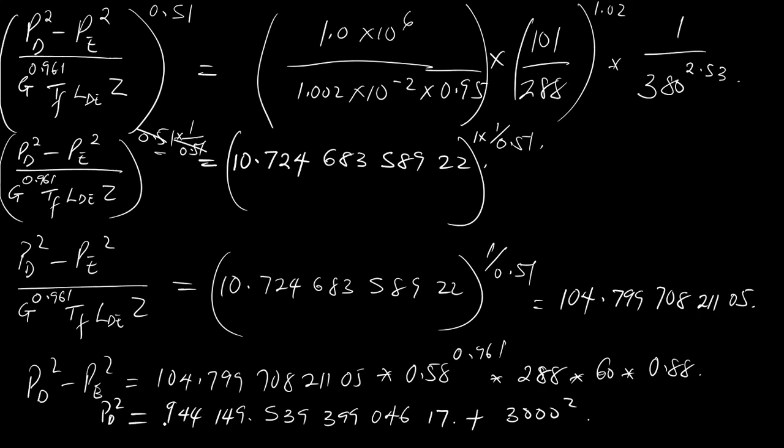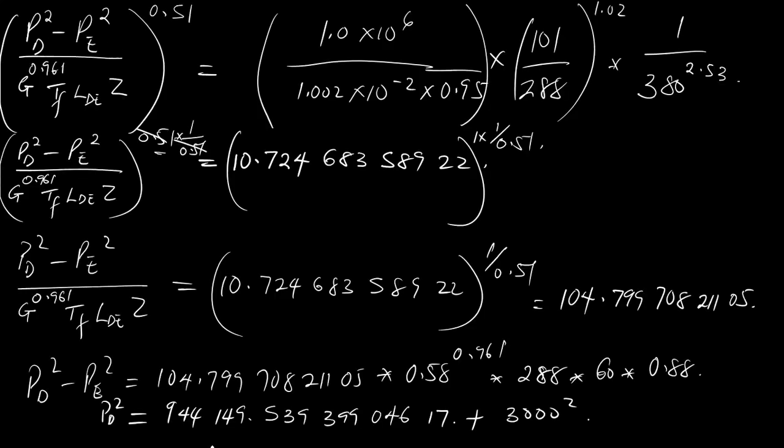So that is it. So now we are going to look for PD. So PD will now be equal to this value plus 3000 square.